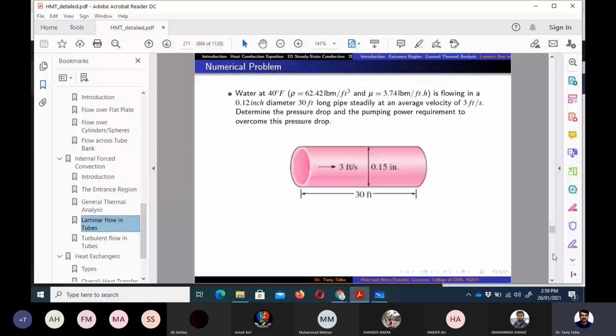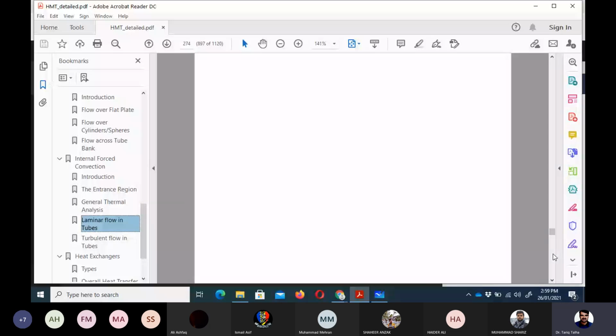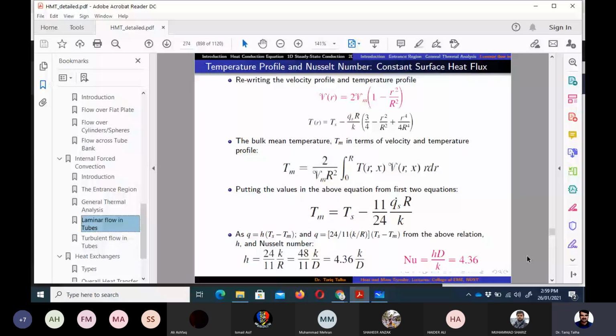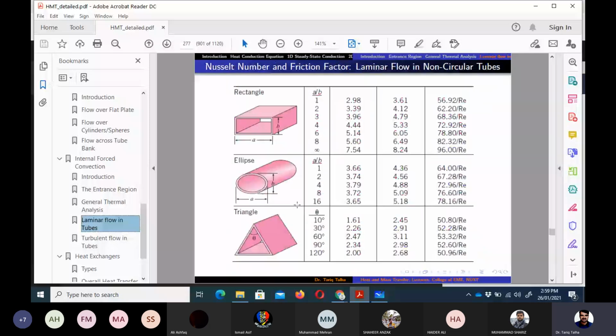After doing this cumbersome derivation, we can see that the Nusselt number is equal to 4.36 for the constant surface heat flux boundary condition. And similarly, we can derive this for the constant surface temperature boundary condition, and it comes out to be 3.66. And then we can also derive these relations for some pipes which are not of circular cross section.